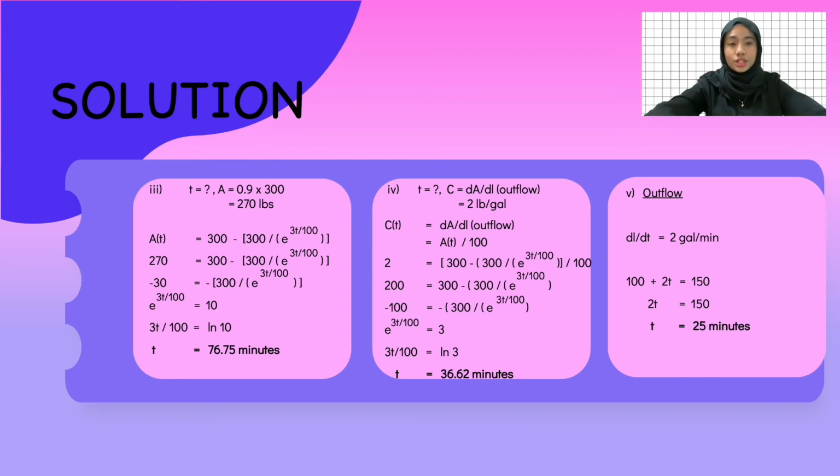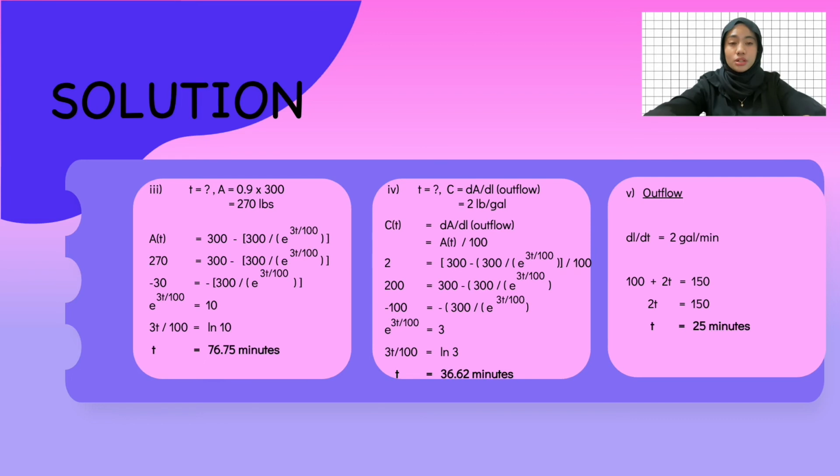For the last question, which is the time when the tank will be full if the brine leaves the tank at a rate of 2 gallons per minute. From this question, we know that dL/dt is equal to 2 gallons per minute.